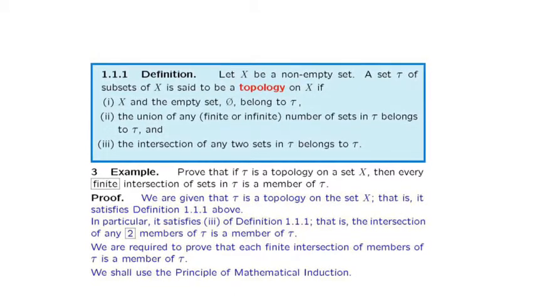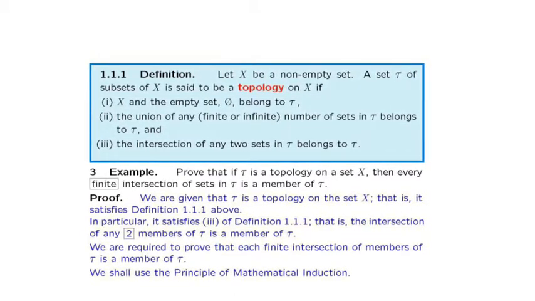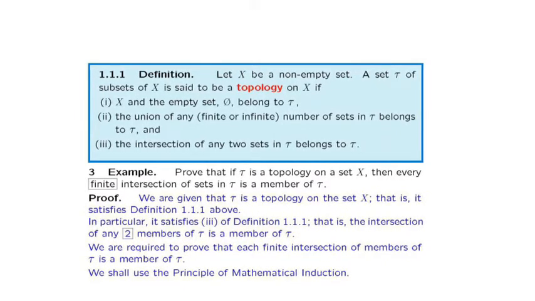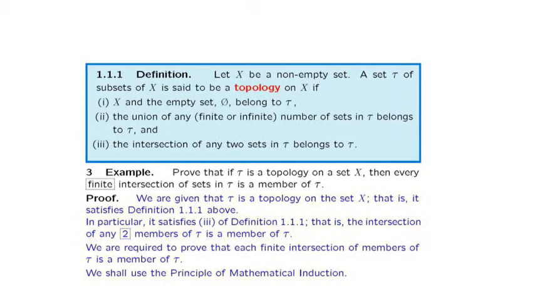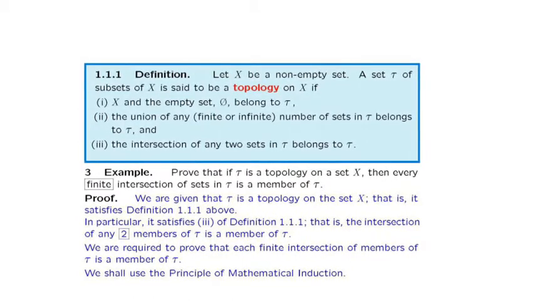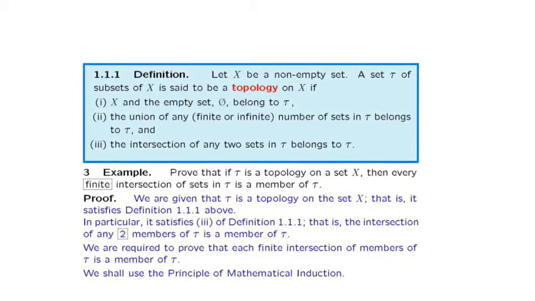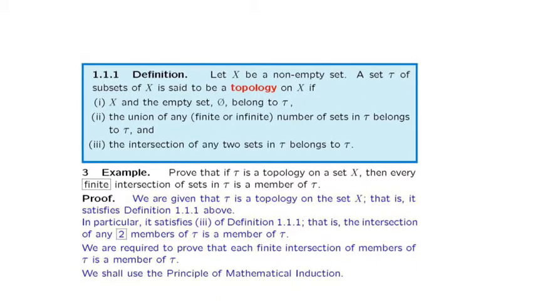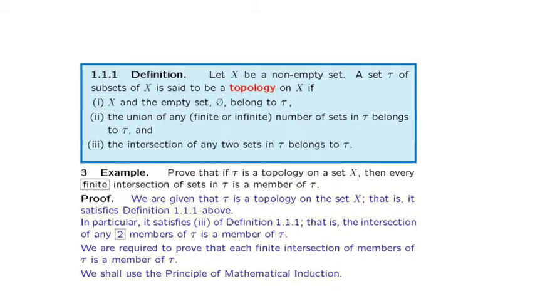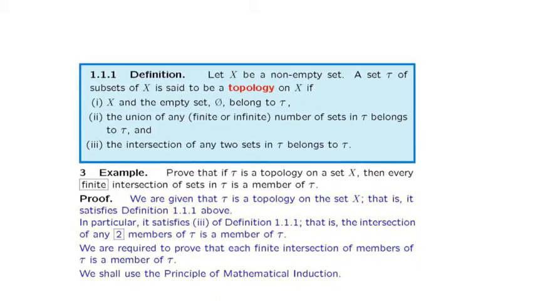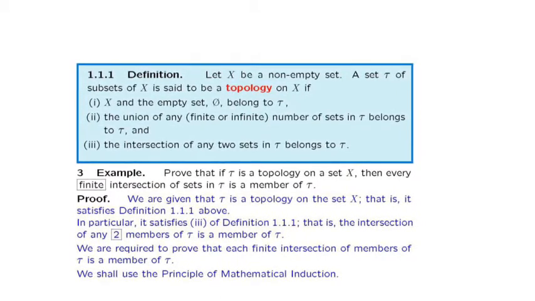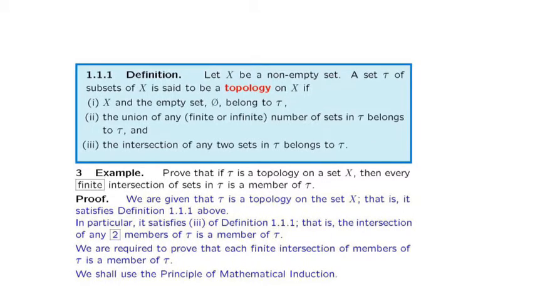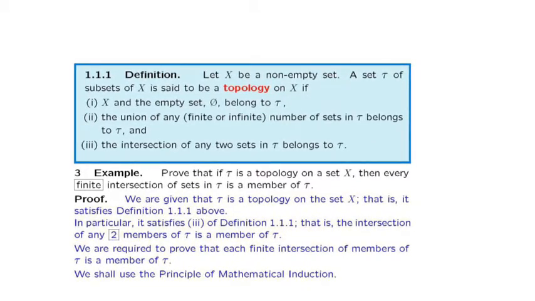So we are given that tau is a topology on the set X. That is, it satisfies definition 1.1.1 above. In particular, it satisfies part 3 of definition 1.1.1, that is, the intersection of any two members of tau is a member of tau.